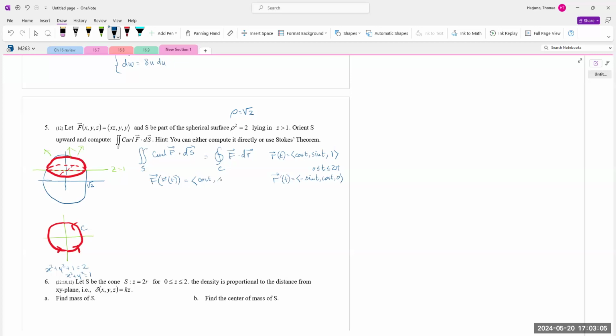The y is sine t. And the z component, which is y, also sine t. So F dot dr will be negative cosine t sine t plus sine t cosine t. Oh, that's 0.